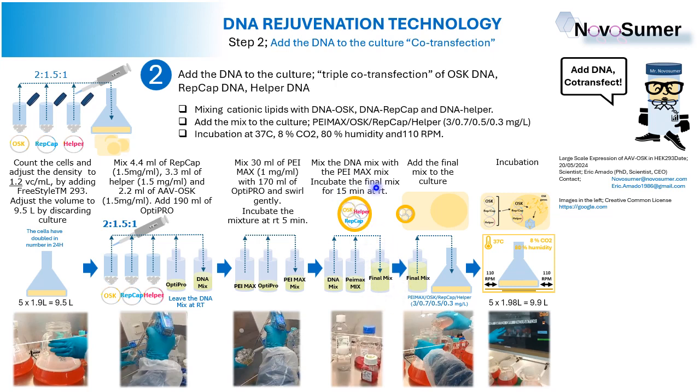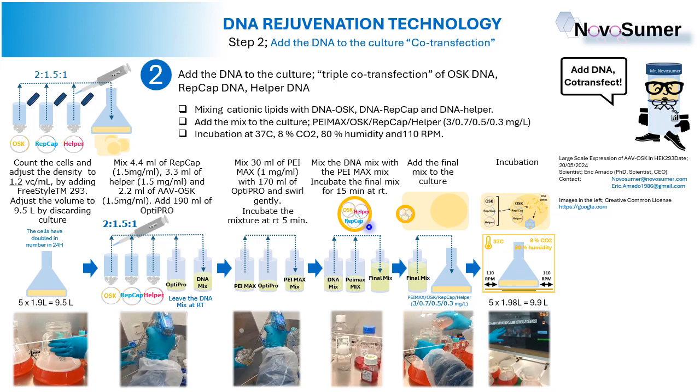We mix it by swirling gently. Swirl it gently. And this step is very important. This mixture has to incubate 15 minutes at room temperature so that these small capsules are formed. In each capsule, you will find the detergent on the surface and the DNA inside.